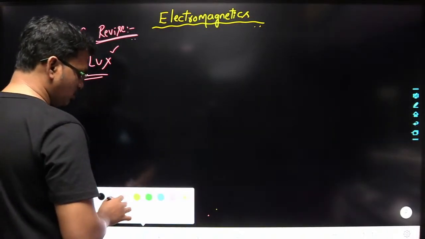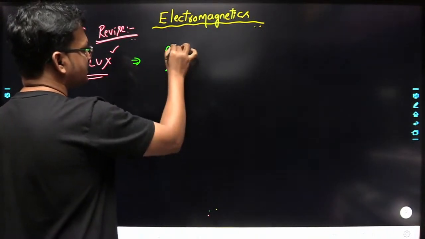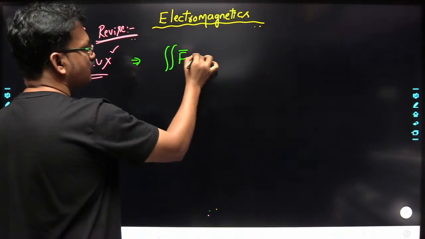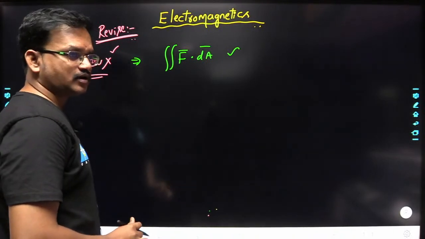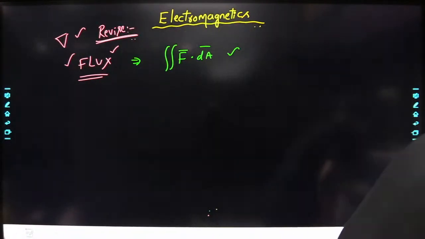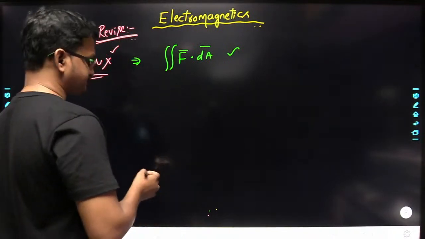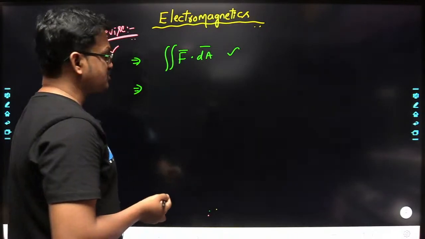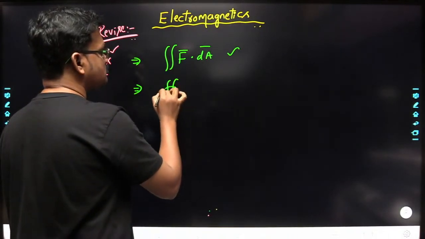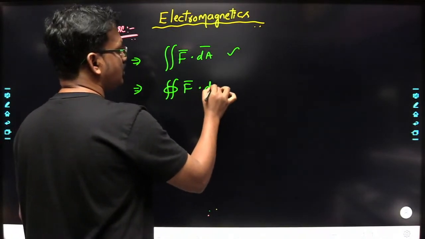Mathematically, the flux through any surface can be represented by the double integral of F bar dot dA bar. This is the general representation of flux. To represent the flux through any closed surface, we use the closed surface integral of F bar dot dA bar.